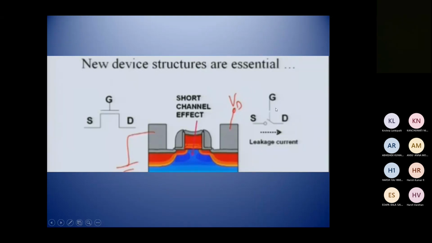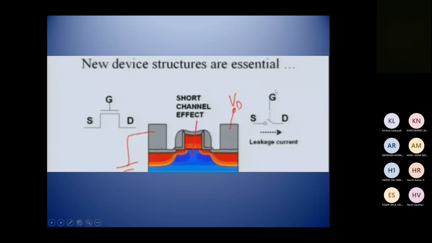As you know, this MOSFET device can be used as a switch, because the gate potential plays a very important role. Depending upon the potential we apply to the gate, current conduction from the source to drain can take place.